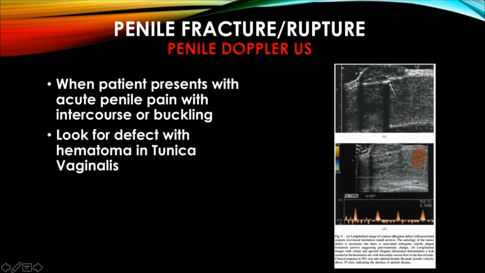Well, if you look over here, you see this is the tunica albuginea, the white layer, and then there's an area outside the white that has blood in it, which usually means that there is some blood or herniation of tissue through the coating of the erectile chamber. So that's a penile fracture. And that's something that you should be able to identify on Doppler ultrasound. Many times the stories don't line up.